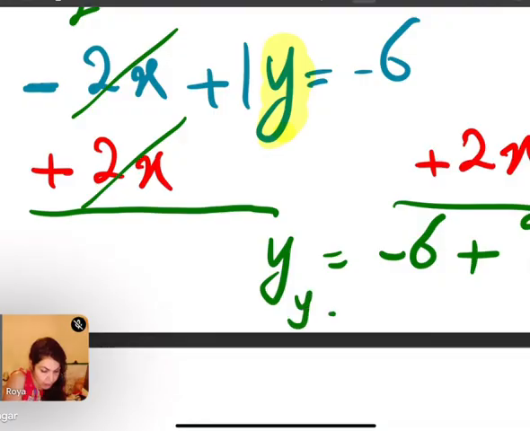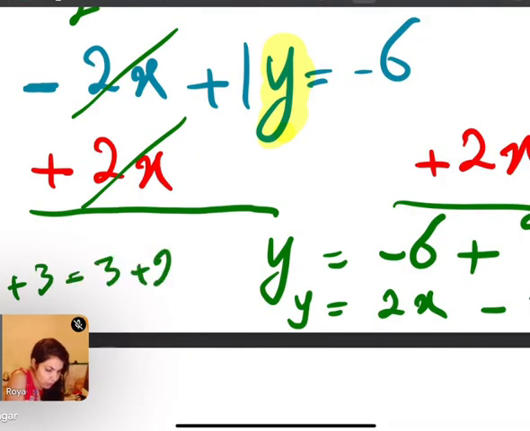Y equal to 2x minus 6. I just changed the place, just rearranged. I move negative 6 to the other side and it's the same thing. Because 2 plus 3 equals 3 plus 2. See, 2 plus 3 equals 3 plus 2. Okay?